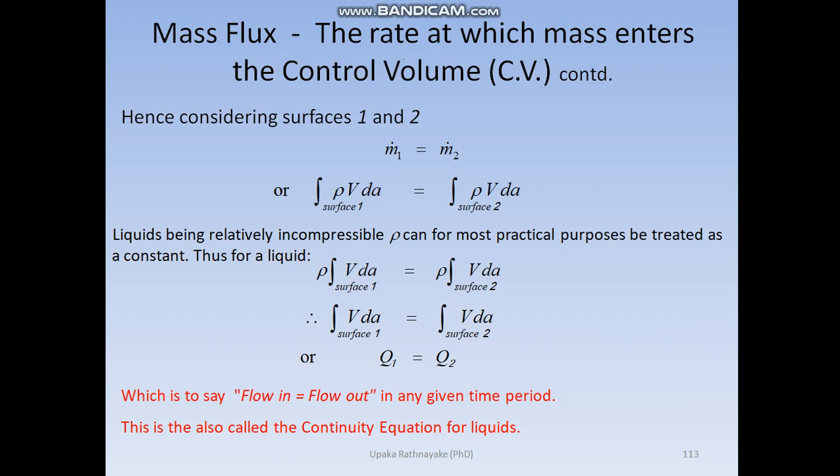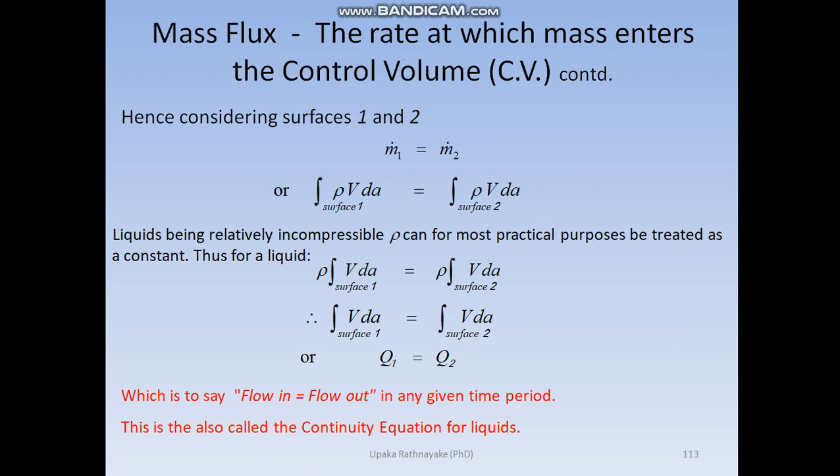Now, this dot stands for the rate. I hope you know. So, we can expand this. M1 dot is rho Q1. Please look into the density. Density is equal to mass divided by volume. So, if you want to get the rate of mass, that is density times the flow rate.